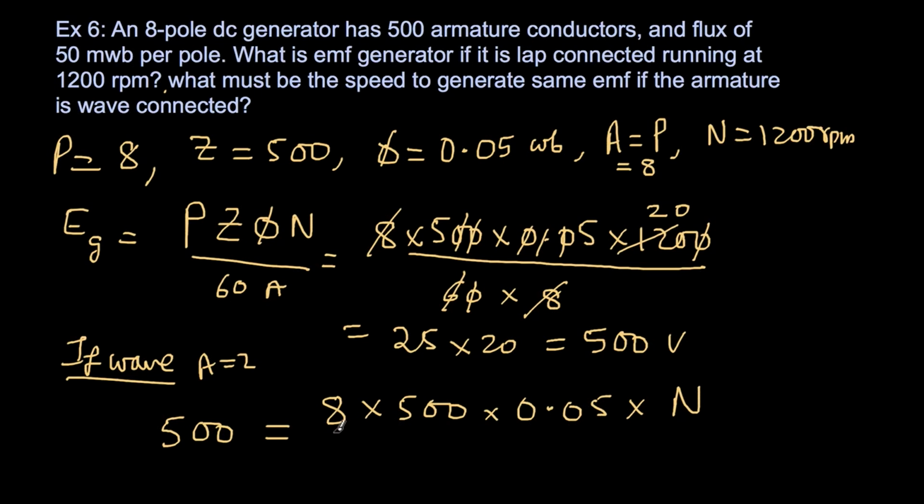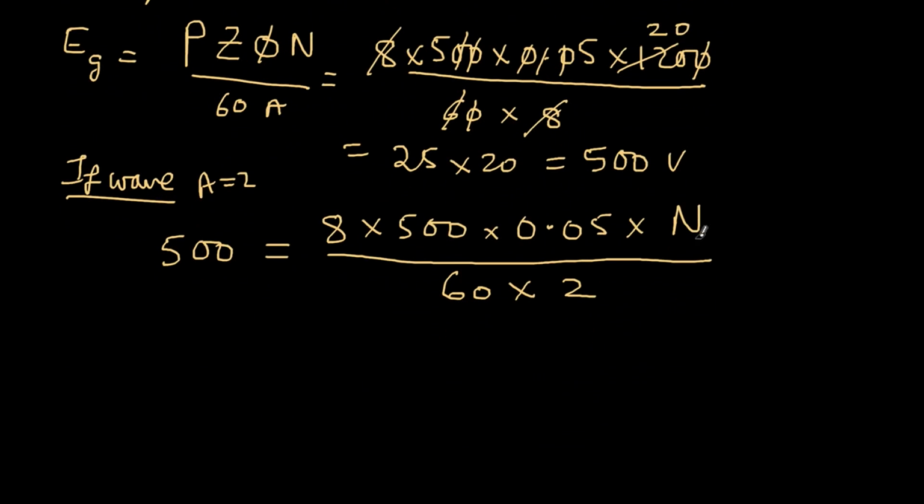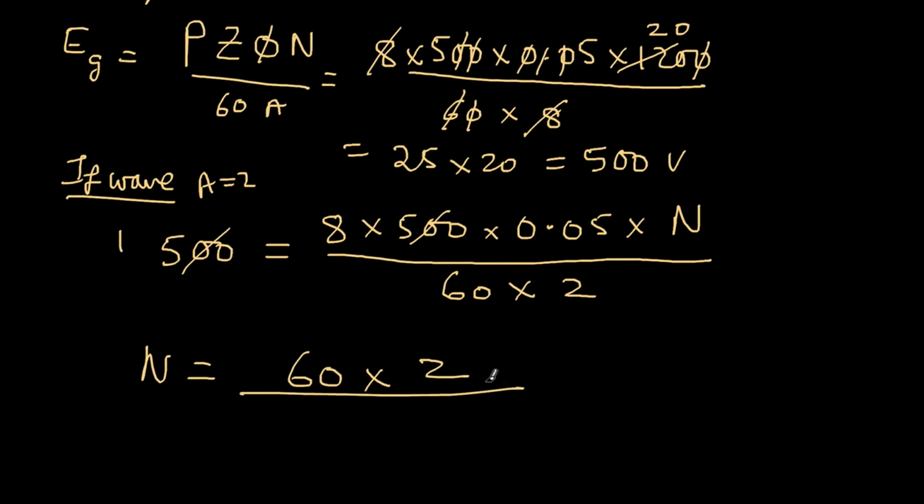This is 60, and the number of parallel paths is 2. From this I can find the N required. Right away I can cancel this 500. So N will be 60 into 2 divided by 8 into 0.05. So 2 goes 4 times and 4 goes 15 times.